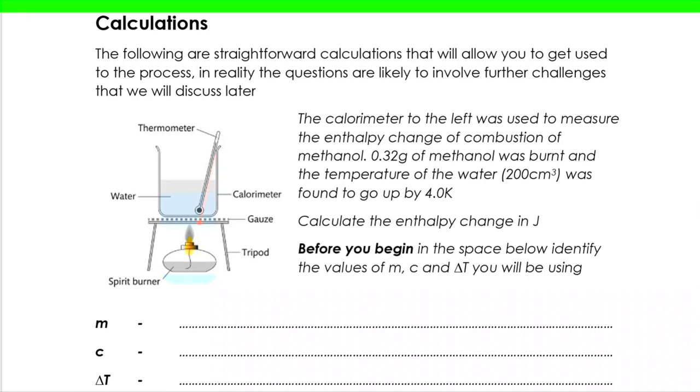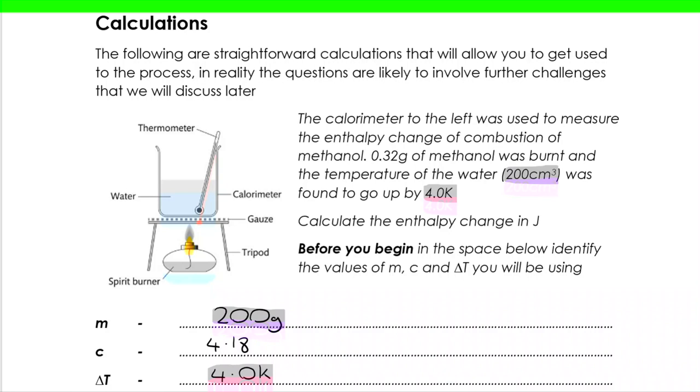Okay, so the delta T is 4 Kelvin. My C value is the 4.18 that we spoke about earlier. It's not included in the question, but would be provided in the exam. So what did we write down for the mass? There is a very good chance that people will have written down 0.32 because we've got that mass right there in the question.